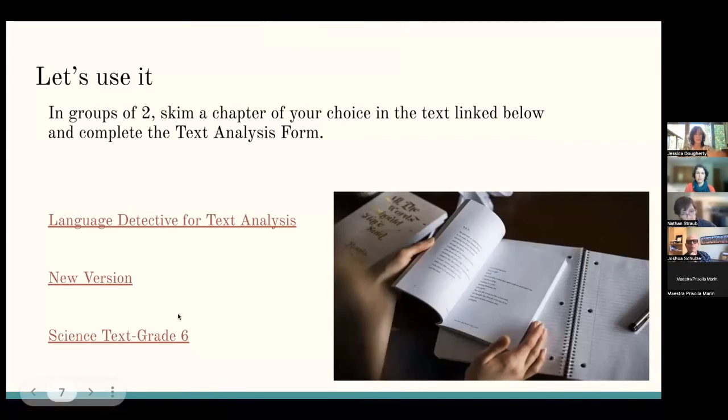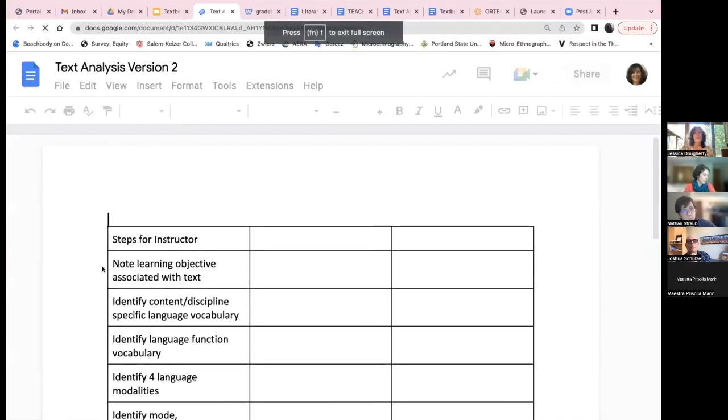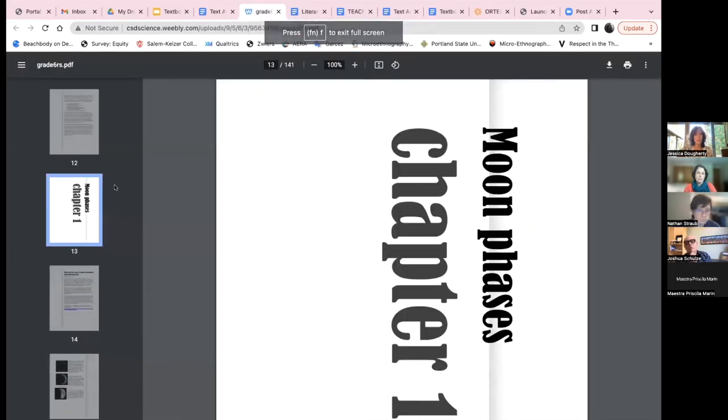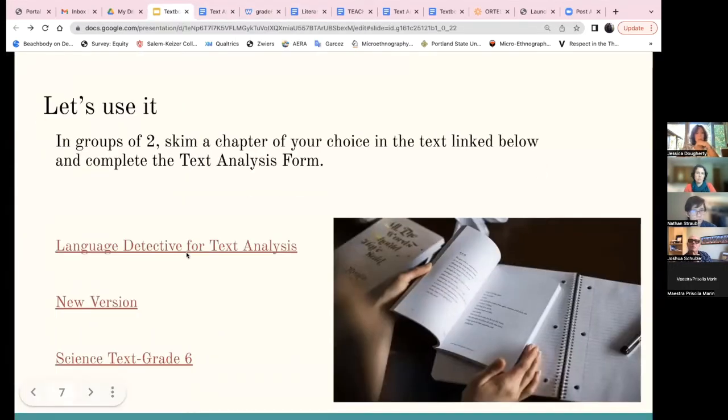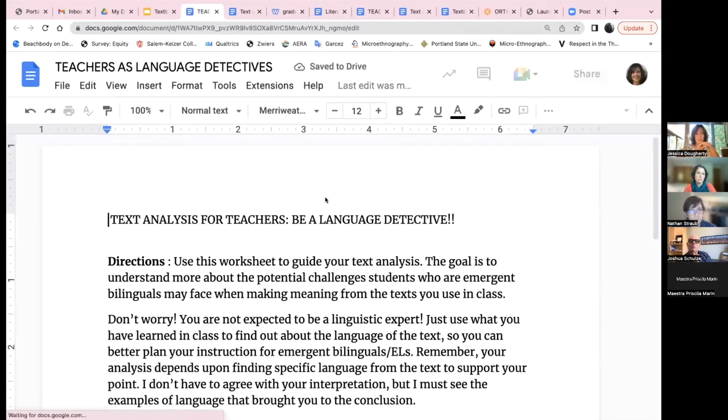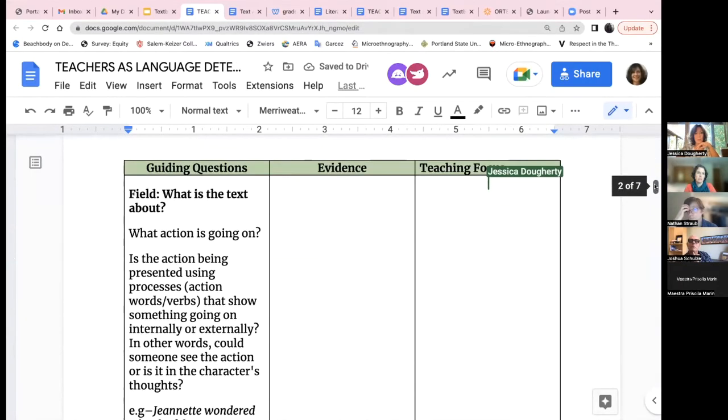Okay, so back to the version of the textbook. So if we go to chapter 1, moon phases. And I think we'll give everyone just a couple minutes to look at chapter 1 and then look at the language detective for text analysis that we reviewed a minute ago, that Josh reviewed, and start thinking through those questions of field, tenor, and mode in particular.